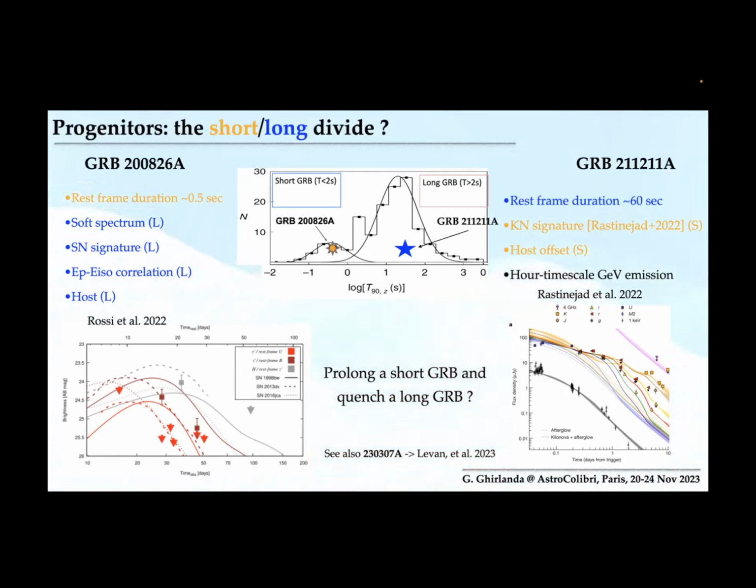So this is interpreted as the signature of a supernova event in an apparently short duration GRB. This poses the fundamental question, among others: how is it possible that a collapsar is producing such a short duration event? One possible explanation is the following. If you remember my previous slide, when the jet is produced, it has to travel within the ejecta of the massive star, which were probably torn away and which are expanding.